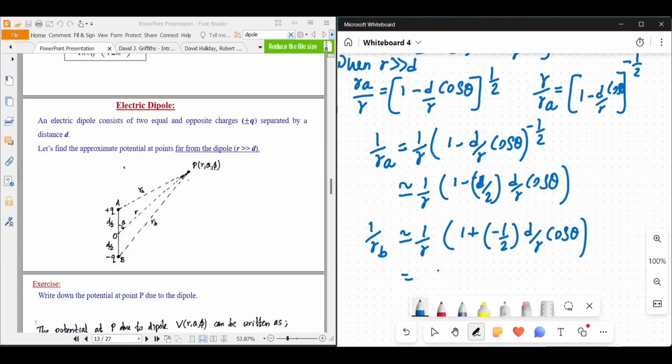So this is equal to 1 over R times (1 minus D over 2R cos theta), and 1 over RA is equal to 1 over R times (1 plus D over 2R cos theta).